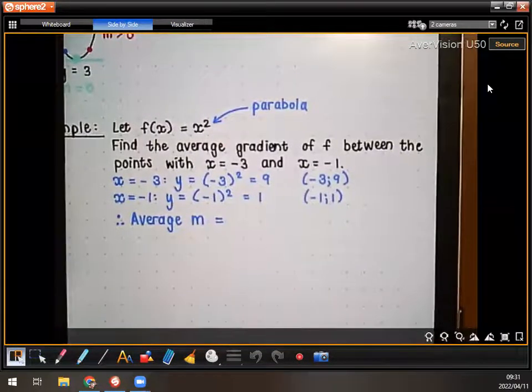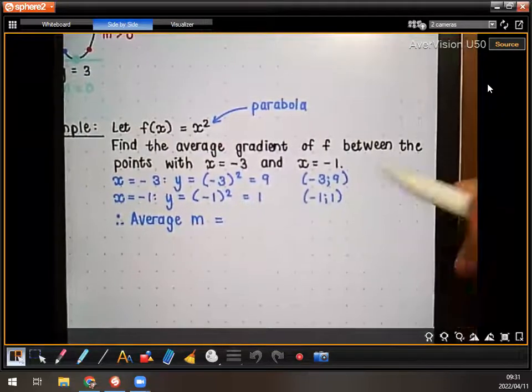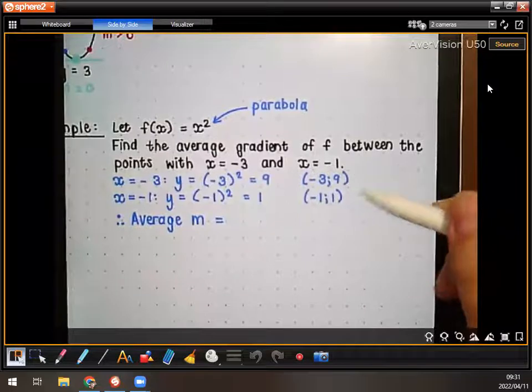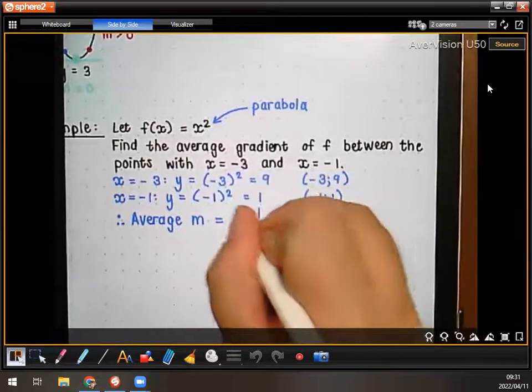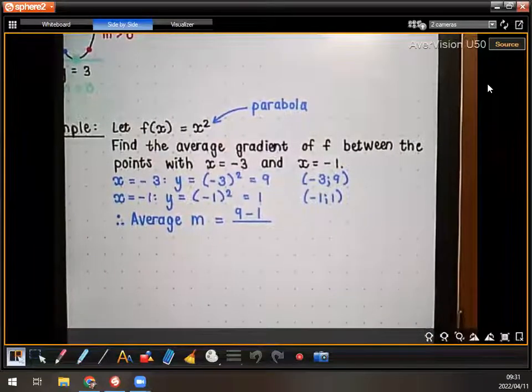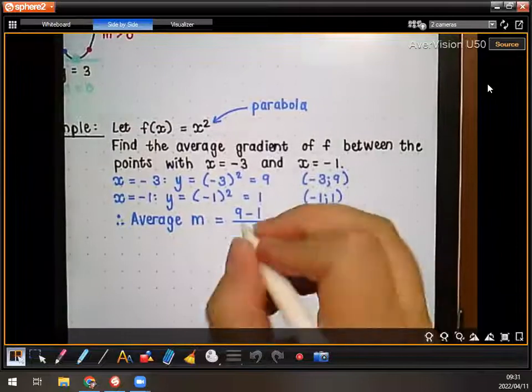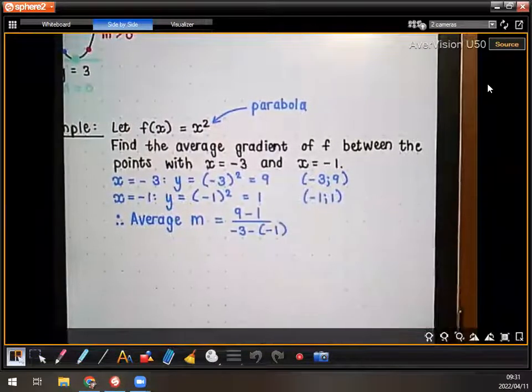Average gradient. Again, change in y over change in x. So let's take the first y value, 9, minus the second y value, 1. 9 minus 1, over first x value minus second x value, -3 minus -1.